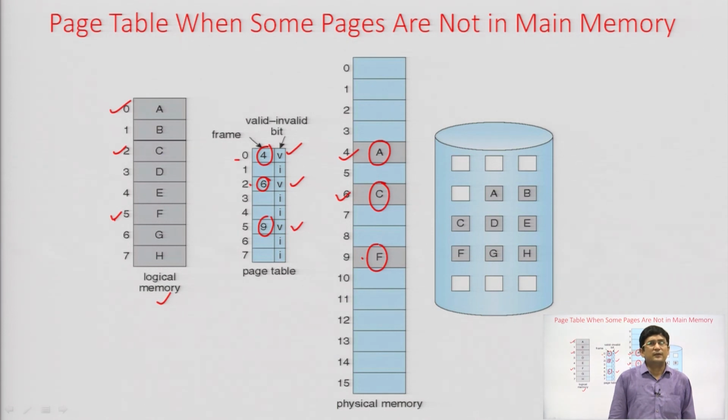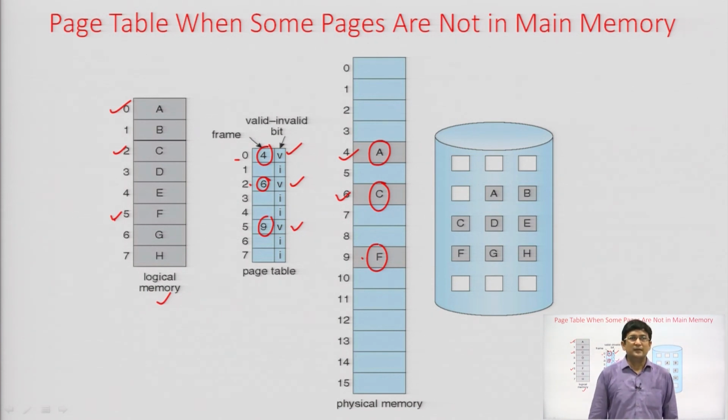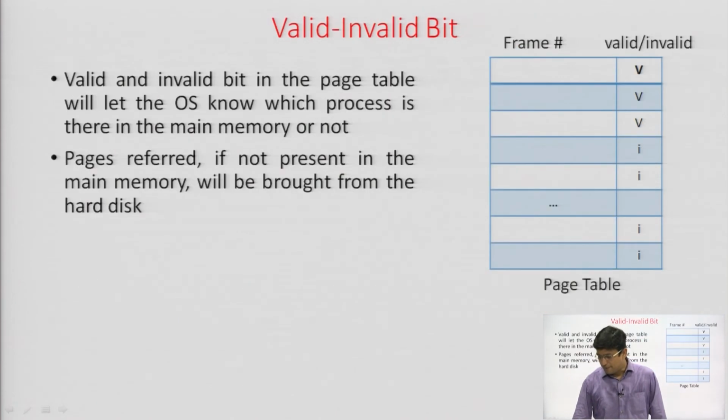For the rest of the entries, the invalid bit is set. This is the concept of demand paging, and this is the concept of virtual memory, where we allow only a limited number of pages in the main memory, so that we can accommodate the maximum number of processes in the main memory.